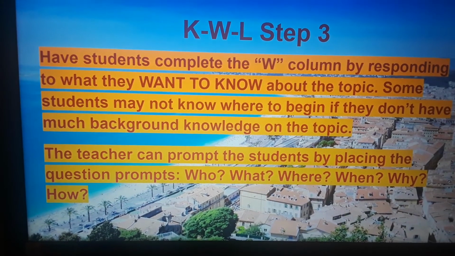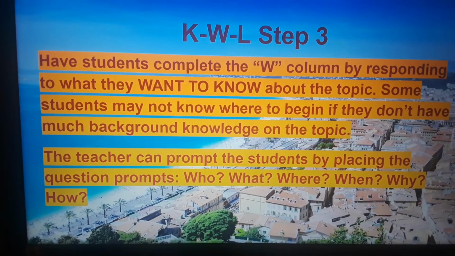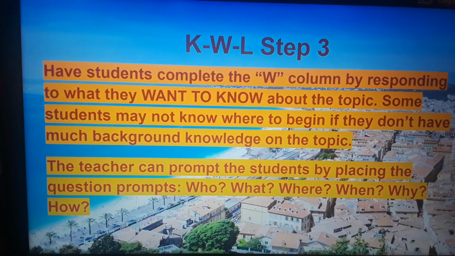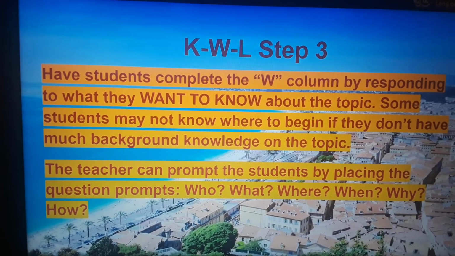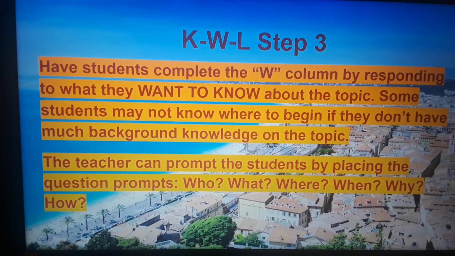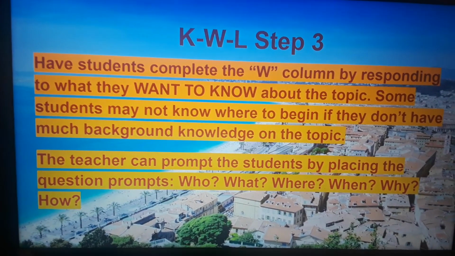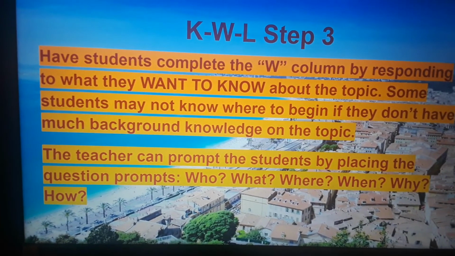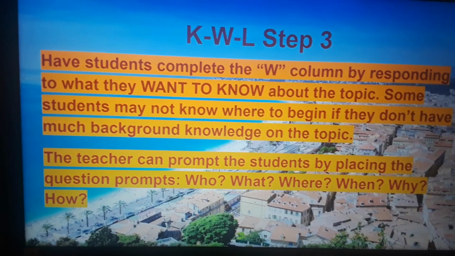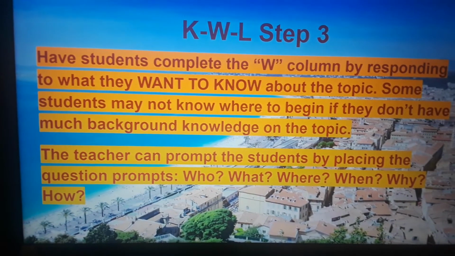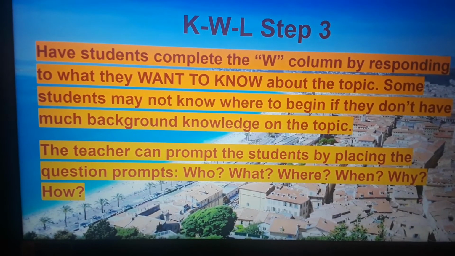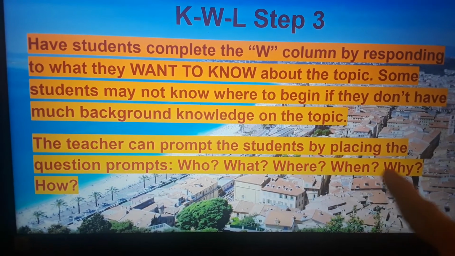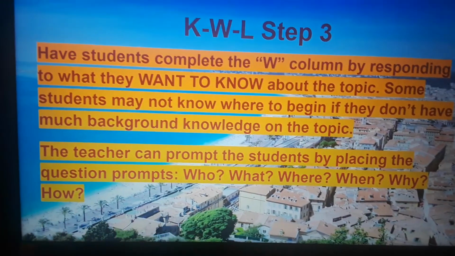If I was doing a story about dogs and I never had a pet dog, I might not be able to relate with a lot. The teacher can prompt the students by placing the question prompts. Who, what, where, when, why, how.